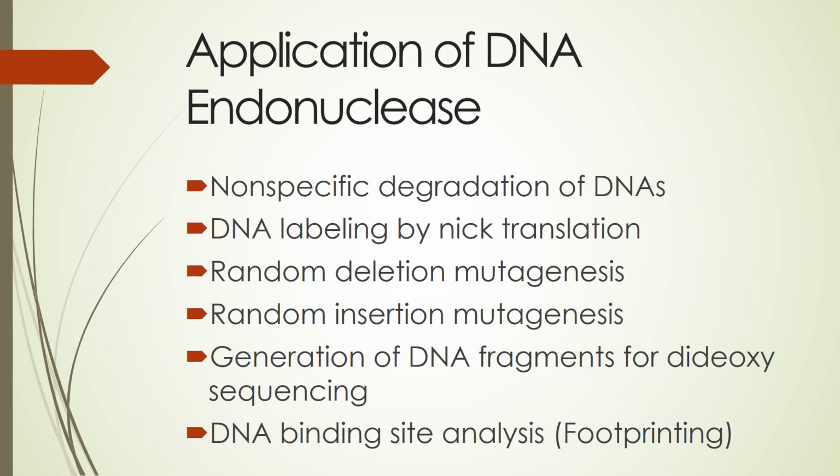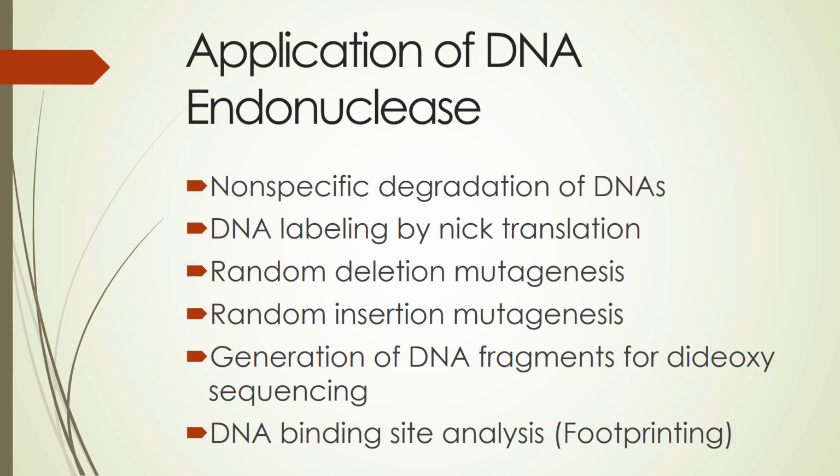Now we come to the DNA labeling by nick translation. As I told you earlier, magnesium ion we have to use for nick production. So DNase-1 introduces nicks into the double-strand DNA under certain suboptimal reaction conditions, such as using magnesium ions.